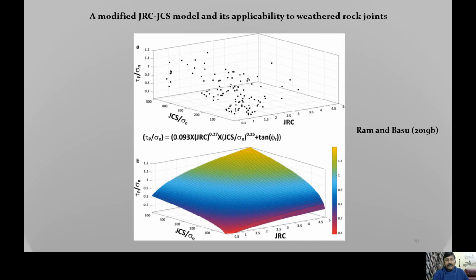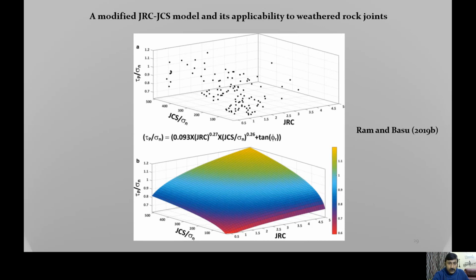More than 100 data were compiled from different directional tests, and when they were plotted in compliance with the three variables, tau p by sigma n, JCS by sigma n, and JRC, we found a modified JRC-JCS model, which is given over here. It has been published in Bulletin of Engineering, Geology and the Environment very recently.